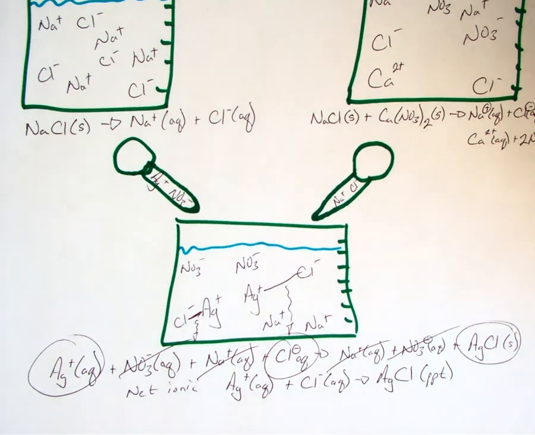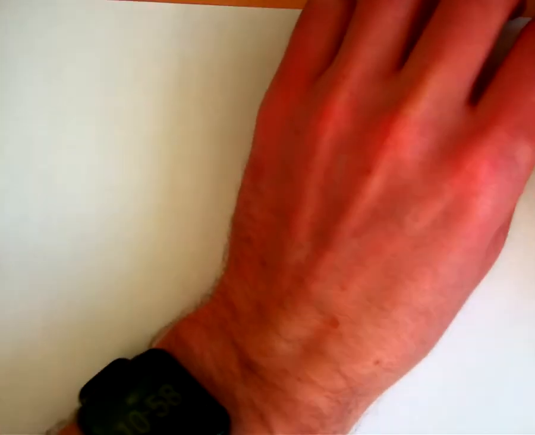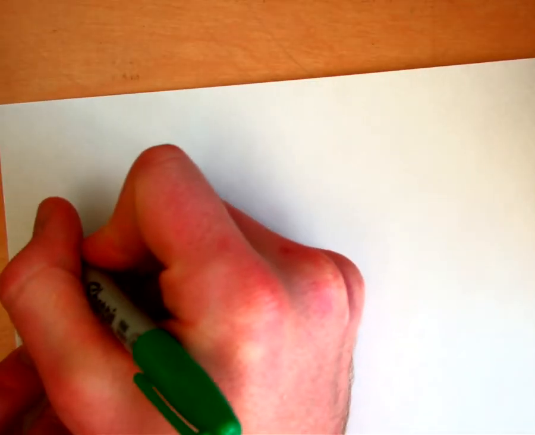So we'll do one last one where we will take a look at what happens in predicting whether or not we form a precipitate.